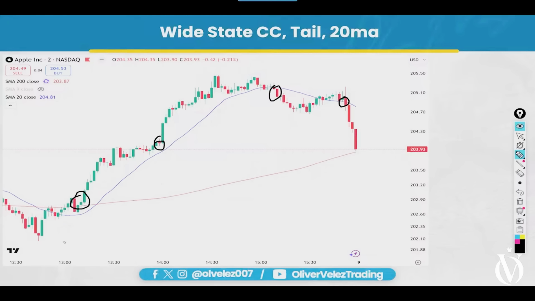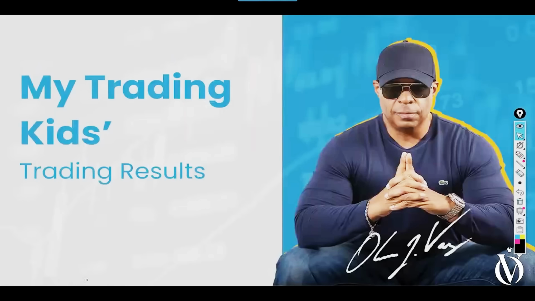Powerful. But here is now going from wide back to narrow. Powerful. How many people in the world understand this? But your kids will. I just gave you a broad overview of how we start them, understanding the mechanics of the market, how to look at the market through the eyes of two windows, the 2 and the 5, with the 20, the 200 on those charts, how to read states, narrow, trending, wide, narrow, trending, wide, okay?